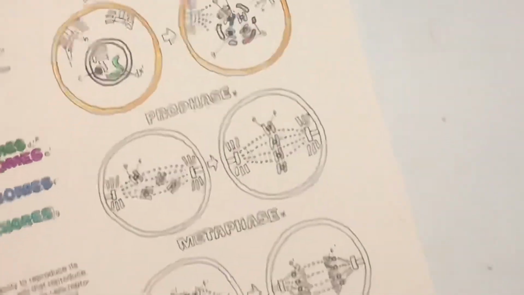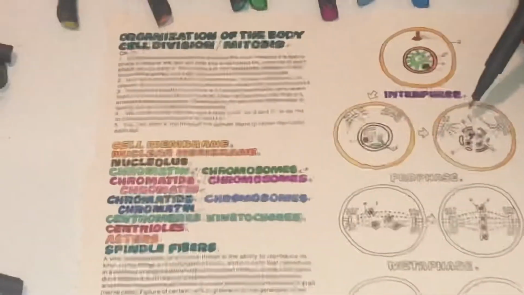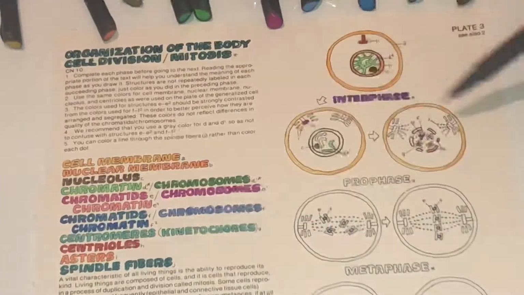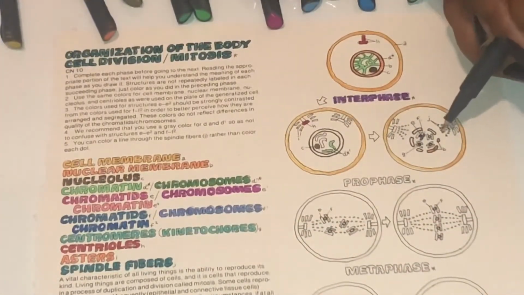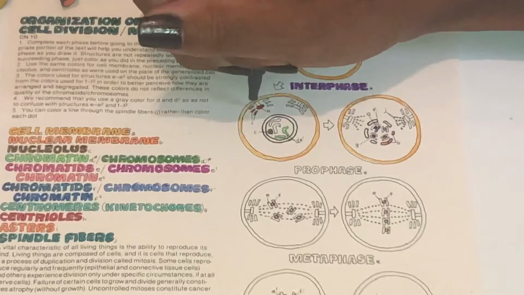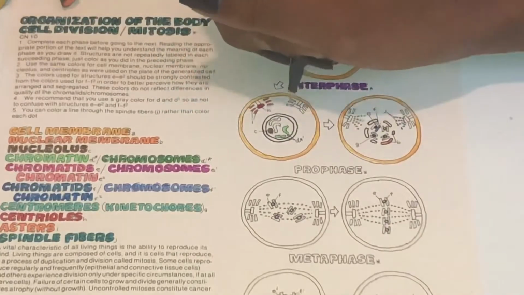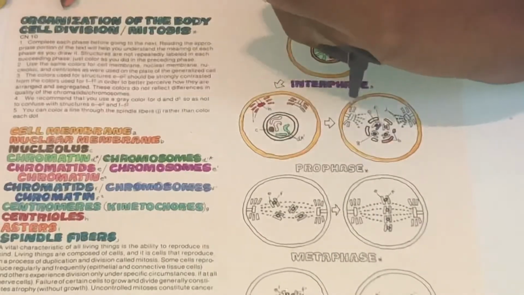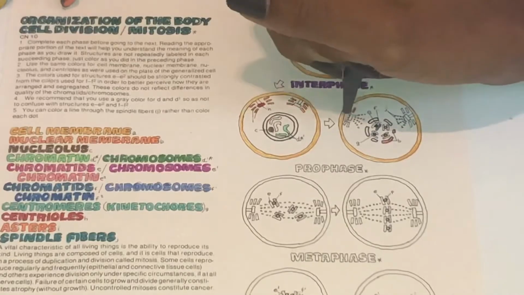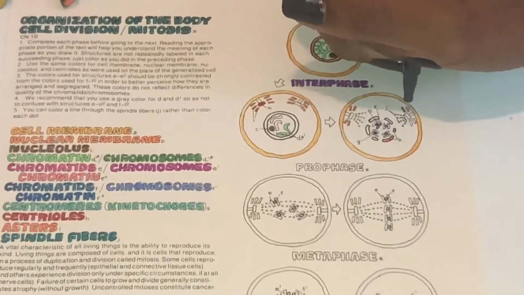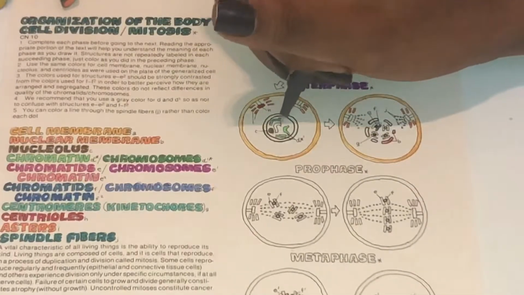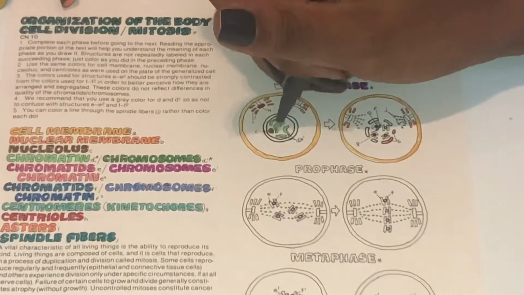Why did I move the camera? I don't know. My bad, y'all. Okay. I don't know why I just colored a piece of the centriole either, but I'm coloring the spindle fibers, and right now I am coloring the asters. Pretty orange color. Asters. And like I said, that's the chromosomes.